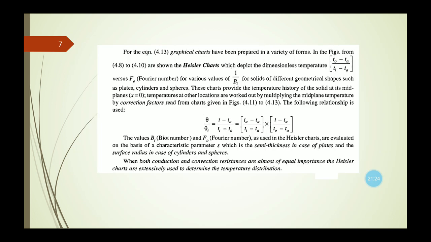These charts provide the temperature history of the solid at its mid planes, that is when x equals 0. Temperature at other locations is worked out by multiplying the mid plane temperature by correction factors. So how to do that?